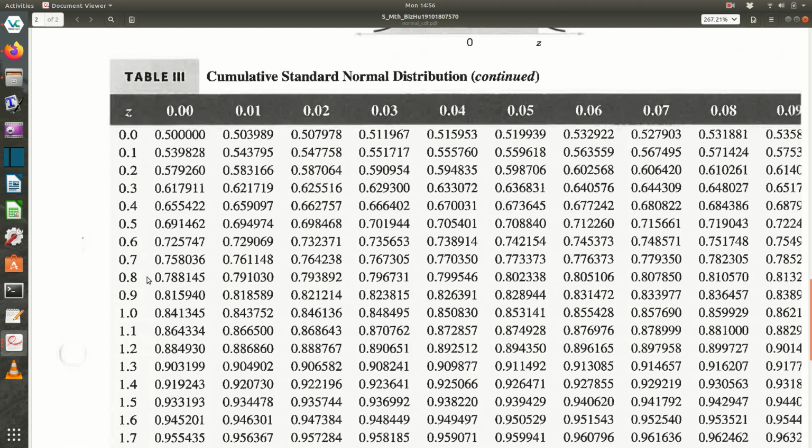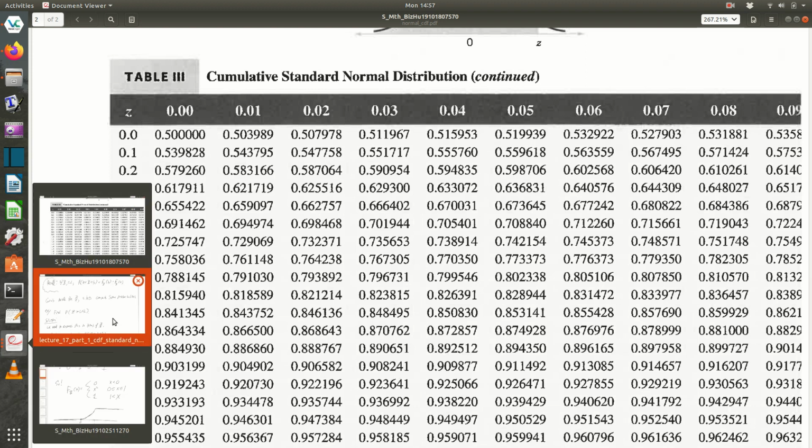So let's come to the second page where we've got positive values. Here's 1.00, 1.01, 1.02. That looks like 0.846136. That is the value of phi at that point.